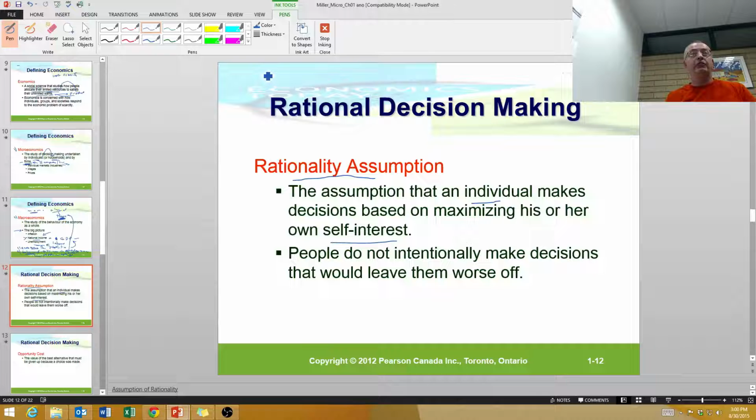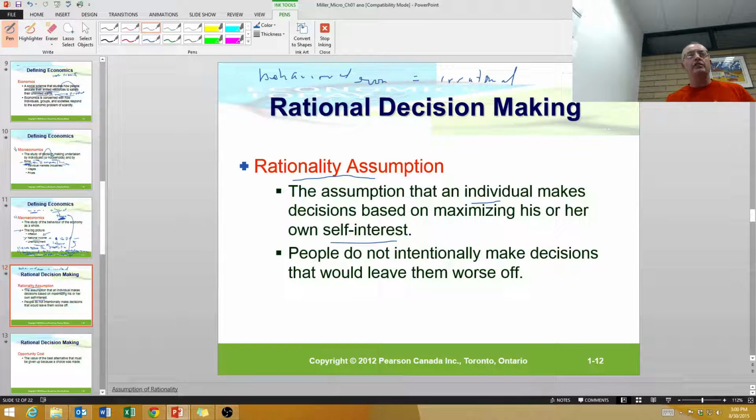And in fact, behavioral economics is based on a different assumption. Behavioral economics assumes that people are irrational and that our decisions are not based on self-interest, but on other quirky things.